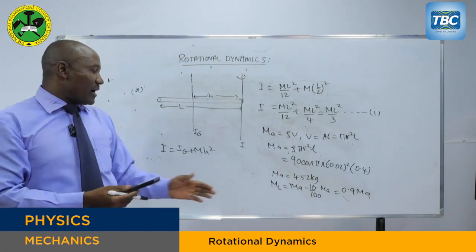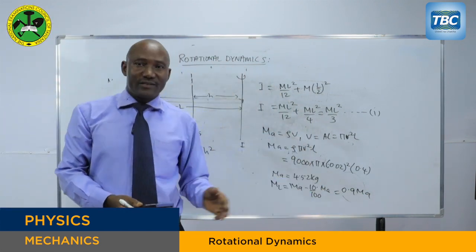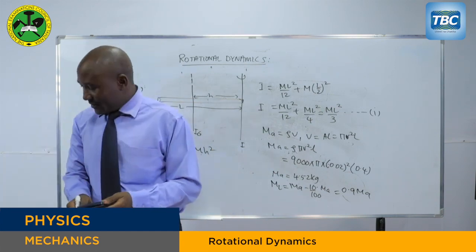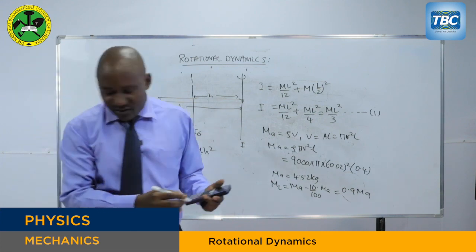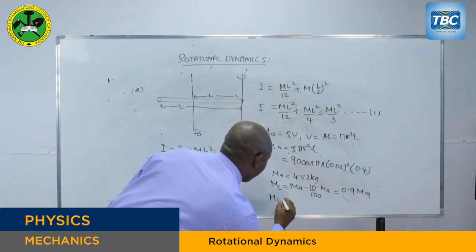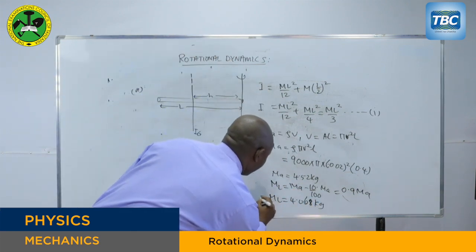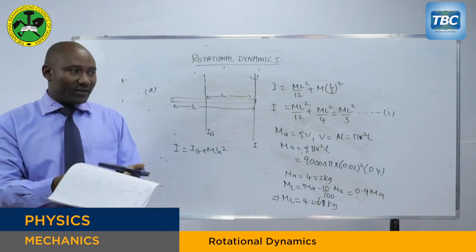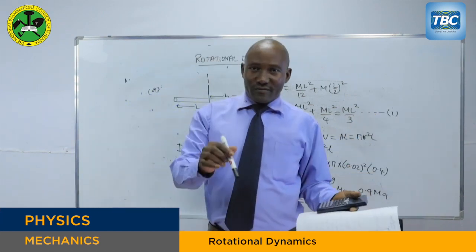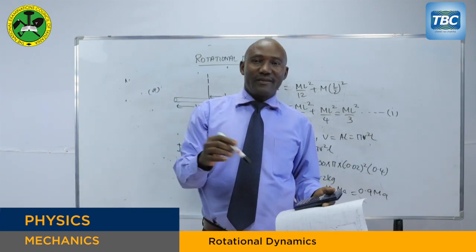So you know how to find the mass of the liquid. You substitute that 0.9 and you get 4.06. If you use your calculator, you get that value. So this is the mass of the liquid and that particular copper rod when immersed in it.